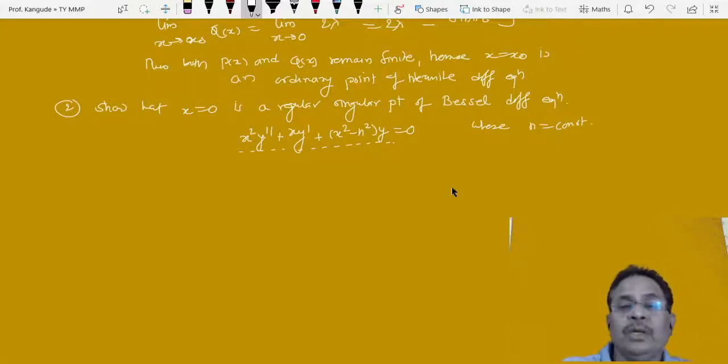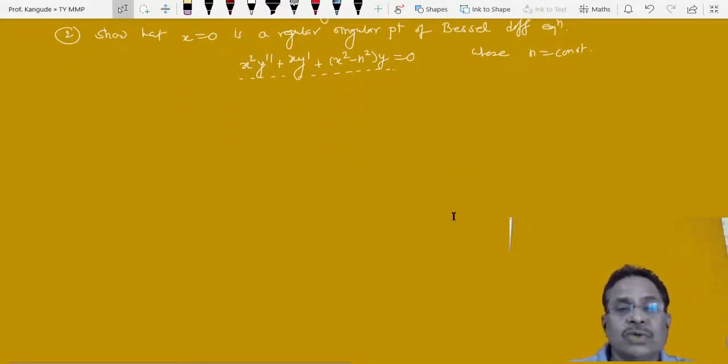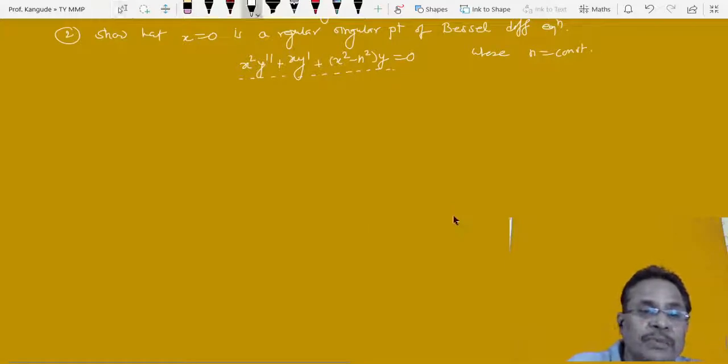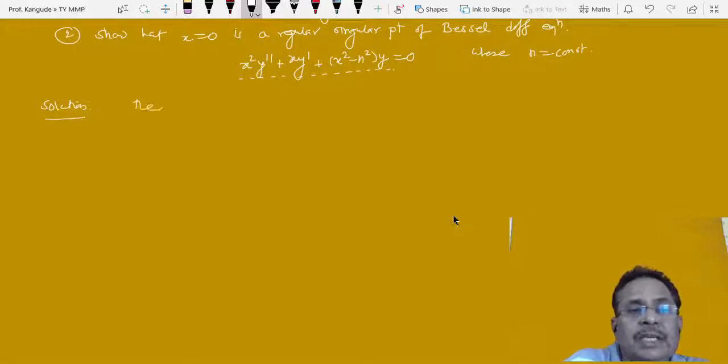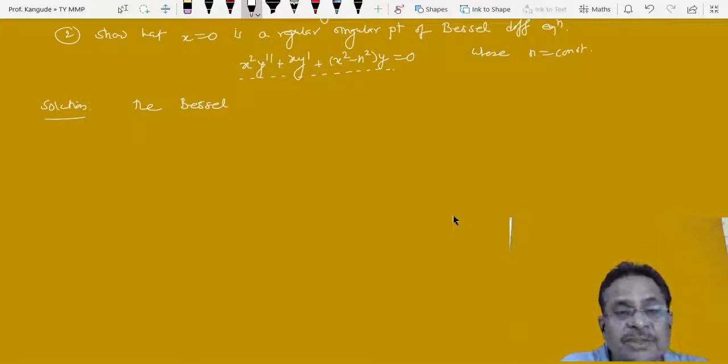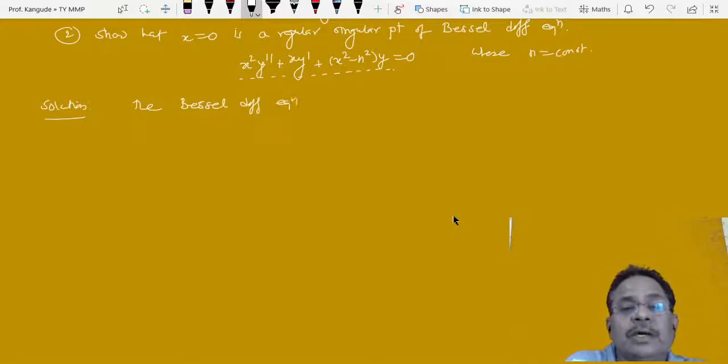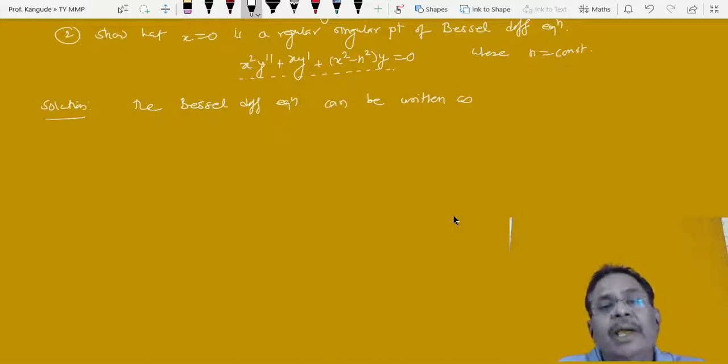Okay, now we can rewrite. Let's go for the solution. Solution, the Bessel differential equation. Bessel is the name of another mathematician. Bessel differential equation can be written as follows. Divide each and every term by x square.